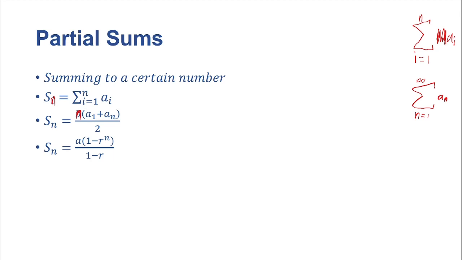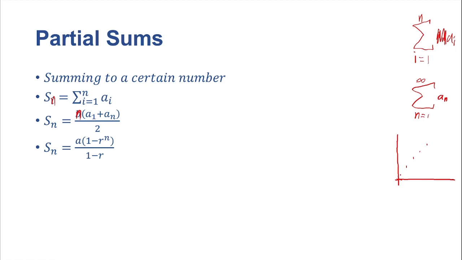Now, something important here is that for an arithmetic series, for no value of n, even as it gets closer to infinity, is our series going to converge. Because an arithmetic sequence's terms go up linearly.